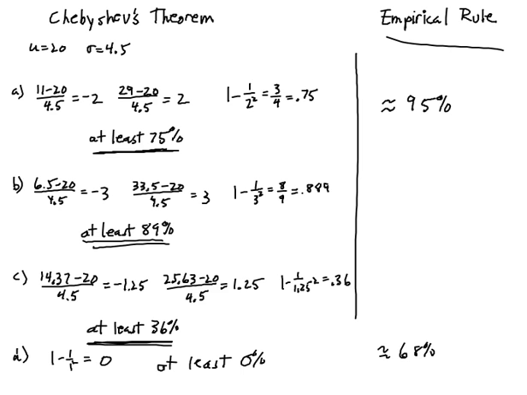Empirical rule is giving you an approximate value. Approximately 68% means close to 68%. Right? Approximately 95% means close to 95%. At least 75% means 75% or greater. So there's quite a difference between it. And when you answer a question with Chebyshev's theorem, make sure you use the words at least.